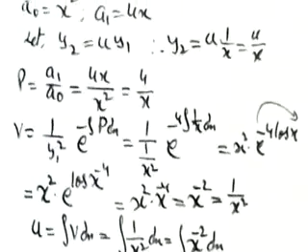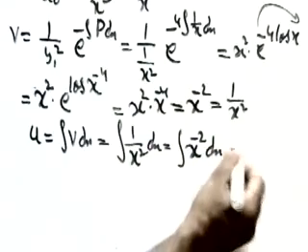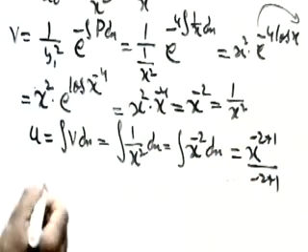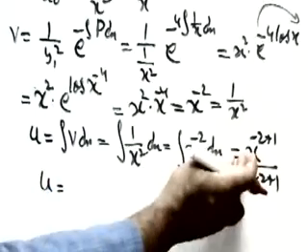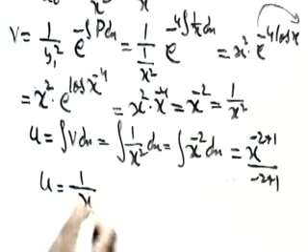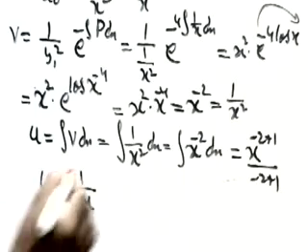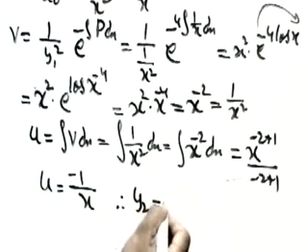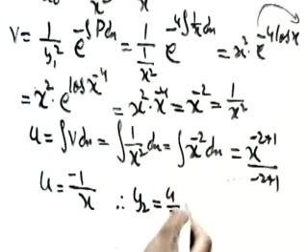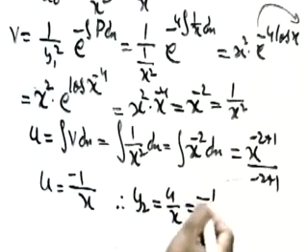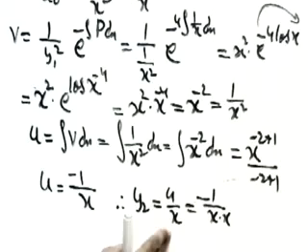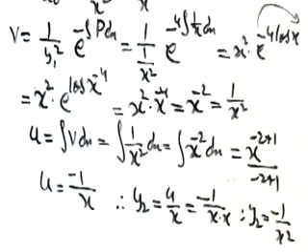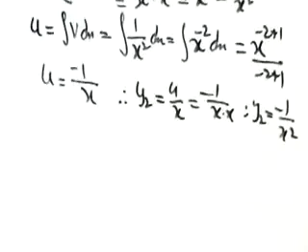Integration of x power n is x power n plus 1 by n plus 1. So this becomes x power minus 2 plus 1 by minus 2 plus 1, which is x power minus 1 by minus 1, so u is minus 1 by x. So we got u also. Therefore y2 equals u by x, so y2 equals minus 1 by x square.